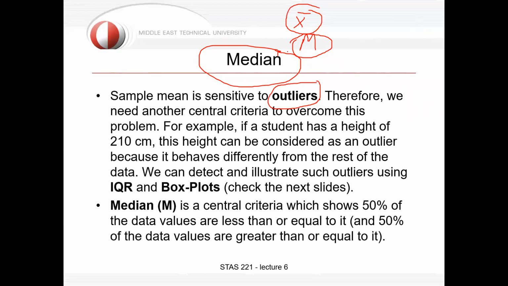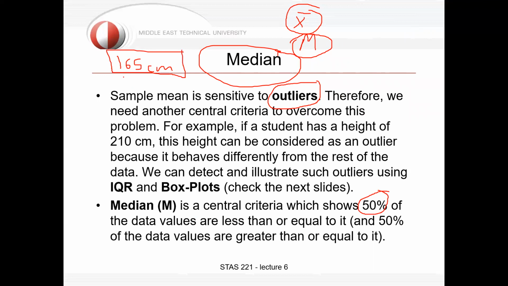So when we talk about median, it means that 50% of the data is less than that value. It means that, for example, if I say we are talking about height of students, and 165 centimeter is the average of students.